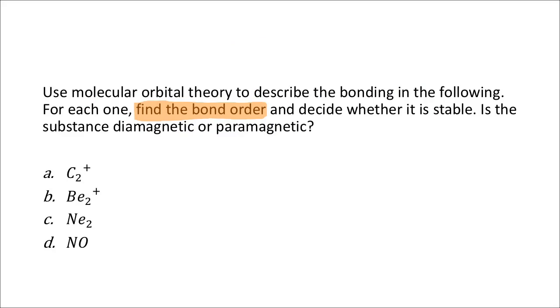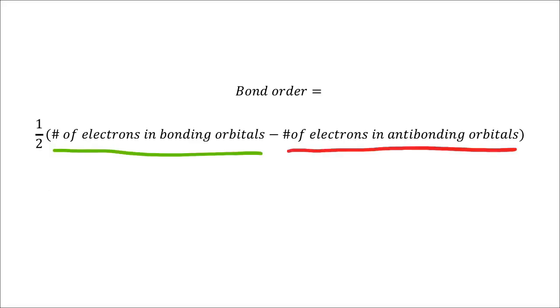Okay, so the question first asks to find the bond order. The bond order is 1/2 times the number of electrons in bonding orbitals, those are the electrons that make the atoms want to stick together to form the molecule, minus the number of electrons in antibonding orbitals, those are the electrons that make the atoms want to fly apart.